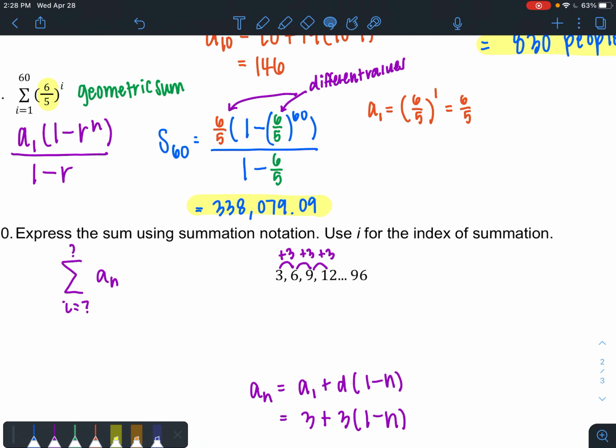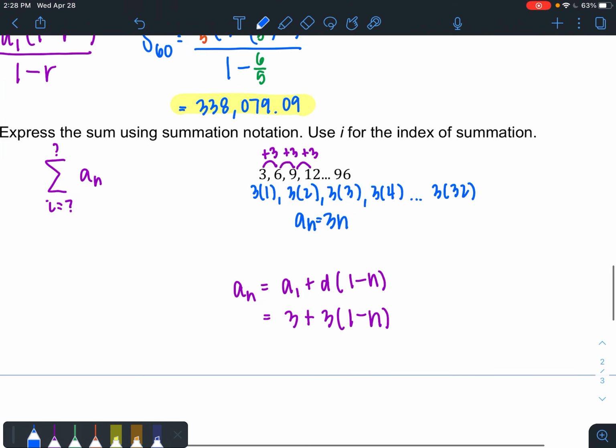Okay, so we can use this as our a sub n equation, or what we can do is say, okay, this is 3 times 1, then we have 3 times 2, then 3 times 3, then 3 times 4, all the way up to 3 times 32. And so my equation ends up being 3n. However, you probably are thinking, well, that's different than this equation. Let's go ahead and distribute this out.